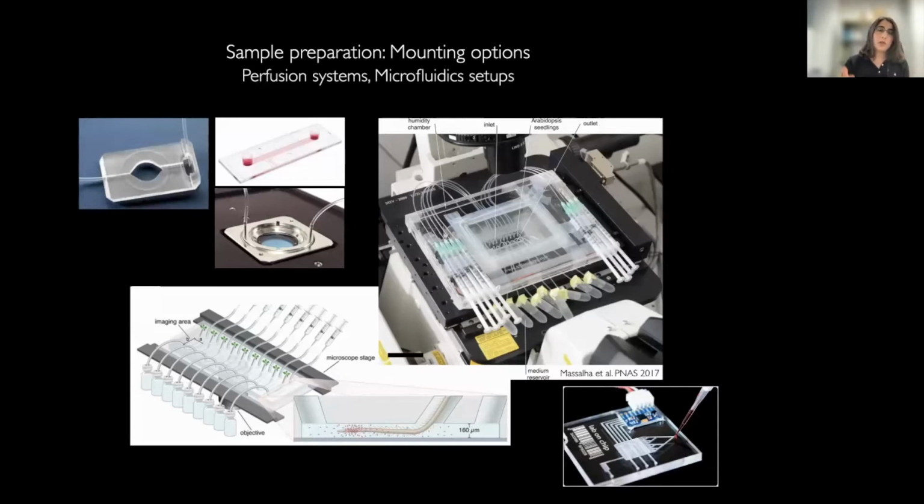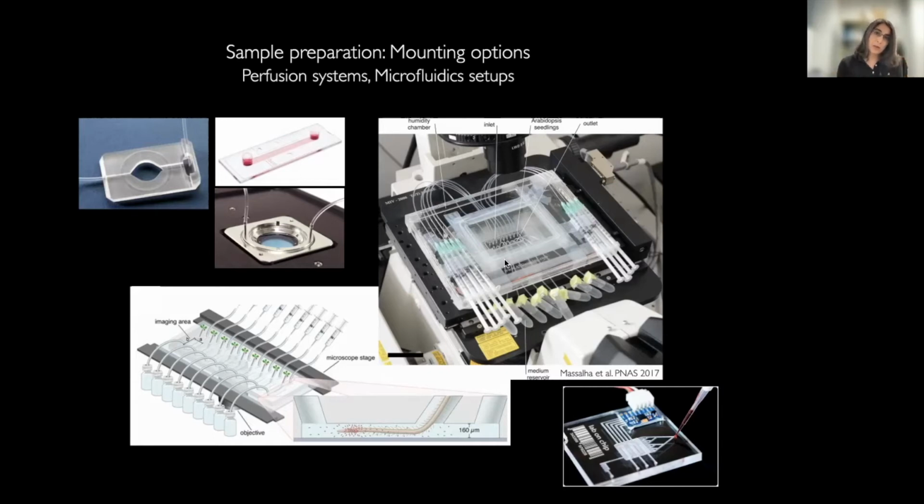This would enable you to hook it to a perfusion system to allow fluid passage, apply drugs or inhibitors while you are acquiring your image. You can opt between an open chamber or a closed one. And here in this example, you can see that there are multiple channels, and you can add in drugs and inhibitors throughout your channels.